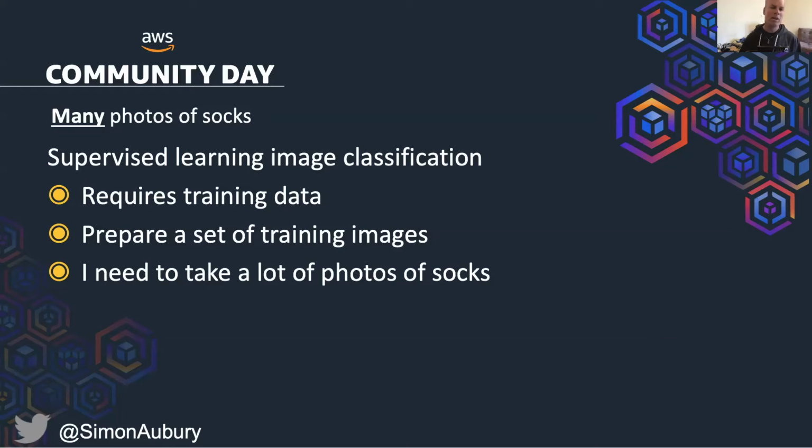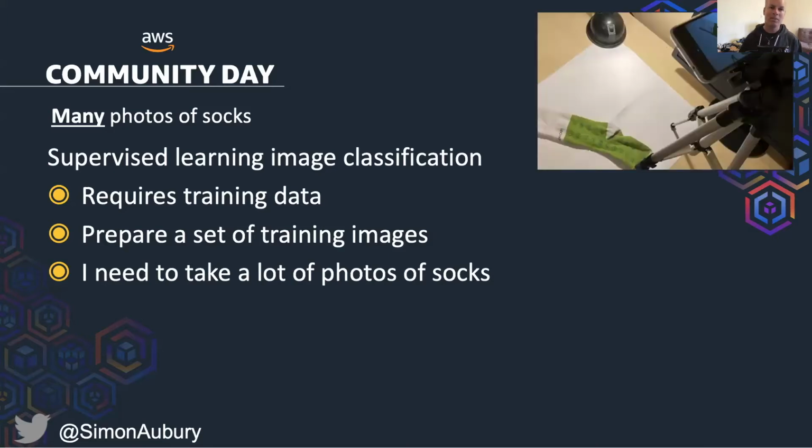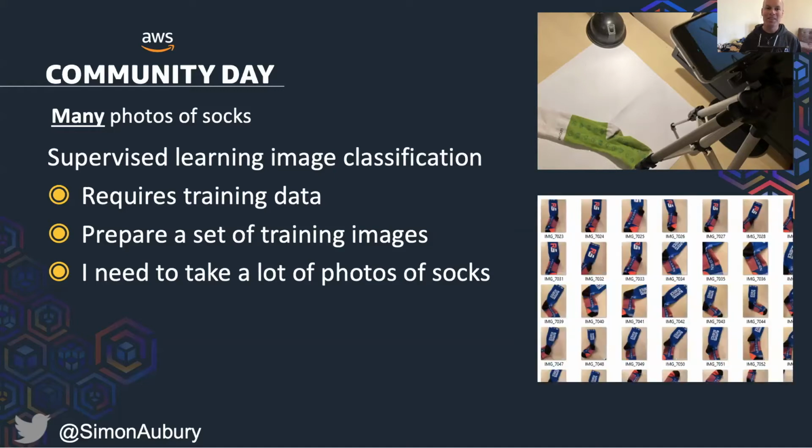For my purposes, I found that between 30 and 40 photos of each sock help build out that classifier with a reasonable level of confidence. And taking photos of socks is really as interesting as it sounds. So this is a great way of spending your Sunday night, building out many, many photos of similar socks. But ultimately, this is necessary to get a level of confidence in the classifier model.